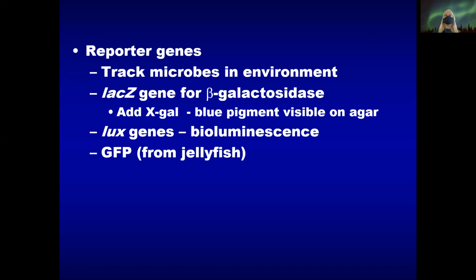And then probably the most recent thing is the green fluorescent protein that is being used from jellyfish, that you can insert into microbes. Microbes are very relaxed about accepting genes from very diverse other organisms. And so it makes it quite nice to be able to track microbes using just a visual tool.